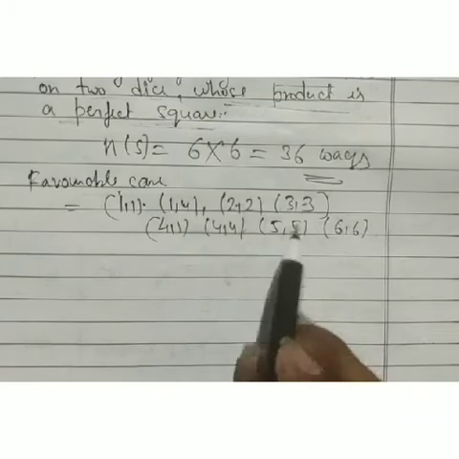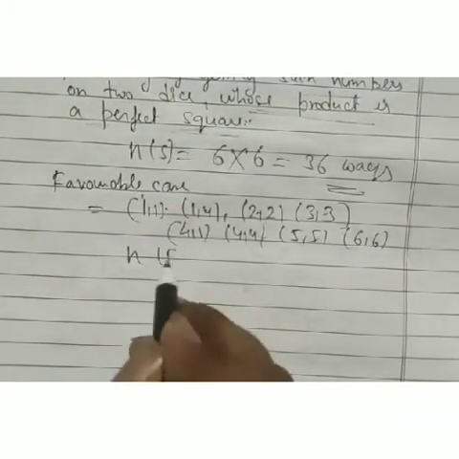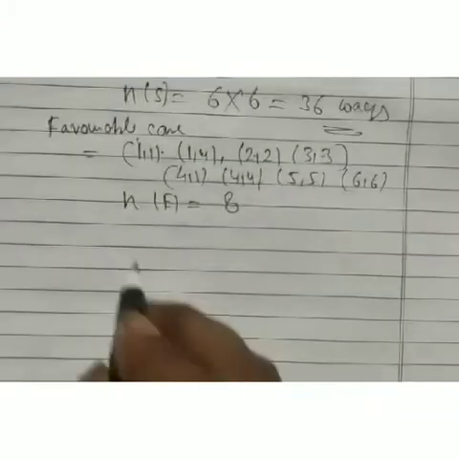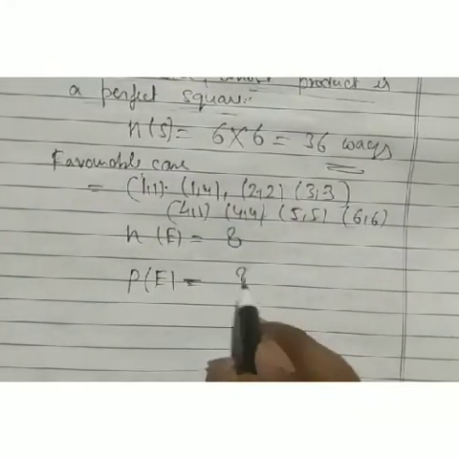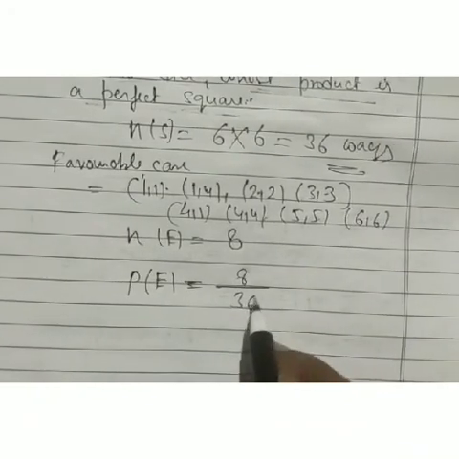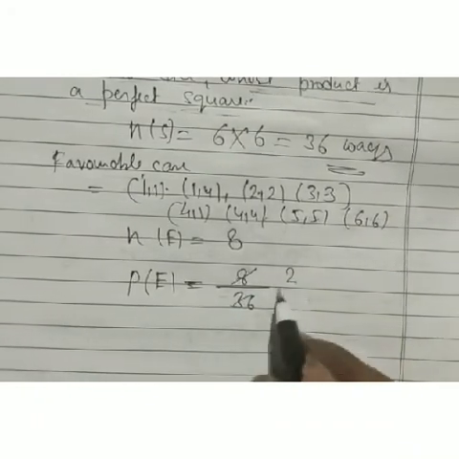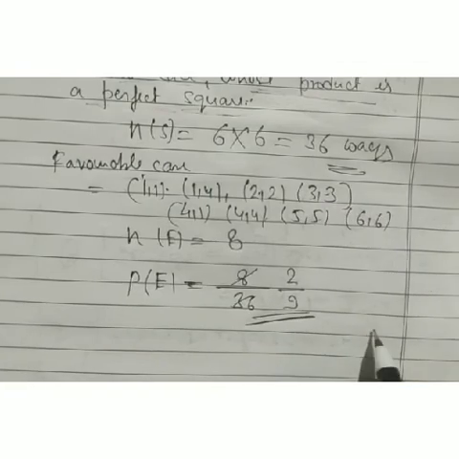That is 1 2 3 4 5 6 7 8. So n of E is 8. Now the probability of getting a product that is a perfect square is 8 favorable cases out of 36 total. Then 4 2 8, 4 9 36. This is our required answer, 2 by 9.